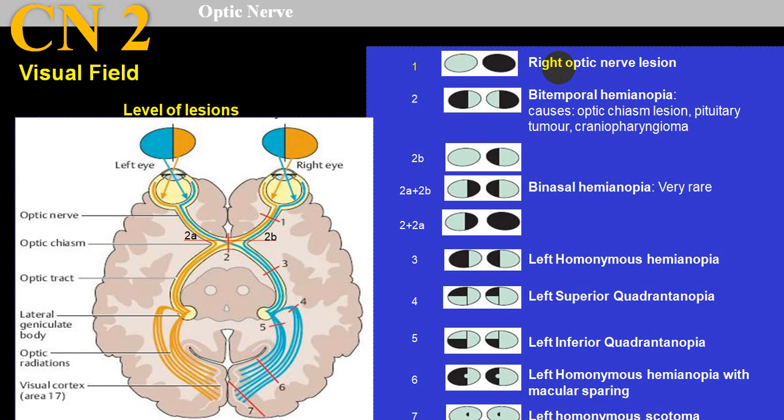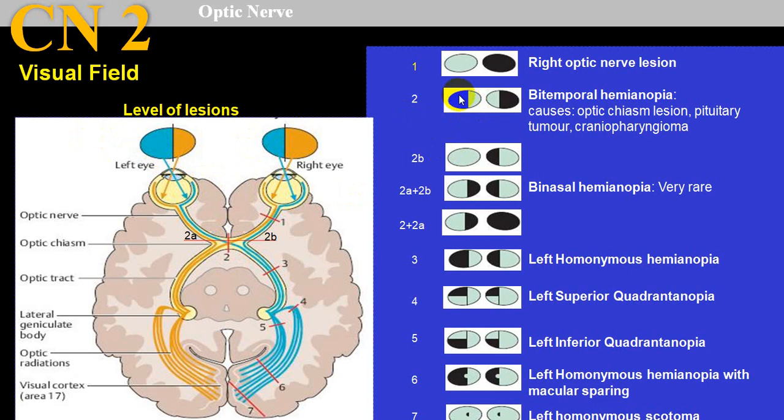Clear? So my nasal field of right eye, temporal field of right eye is gone, as far as monocular vision is concerned. Totally gone. Now if I get the damage at this 2, this is containing nasal fiber of both eyes. So nasal fiber of this eye is giving temporal field of the same eye, and here it is temporal field of the opposite eye.